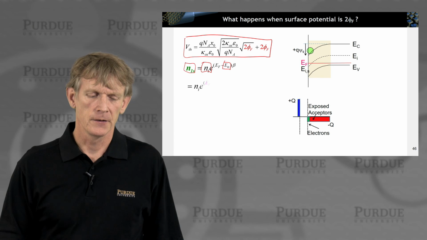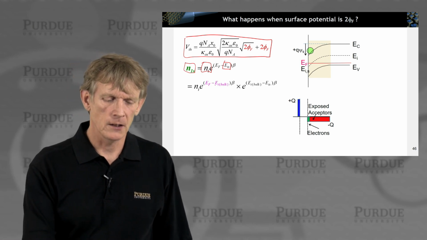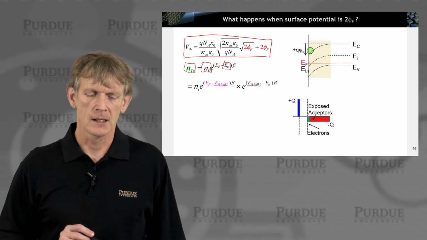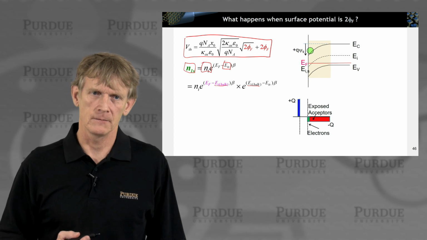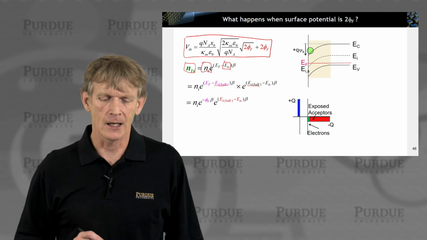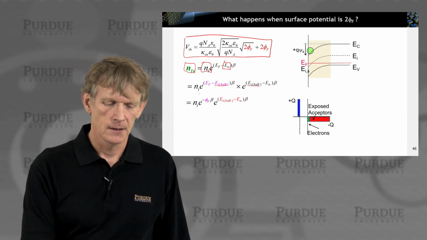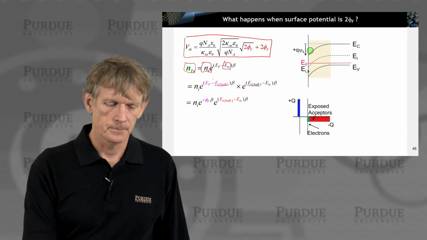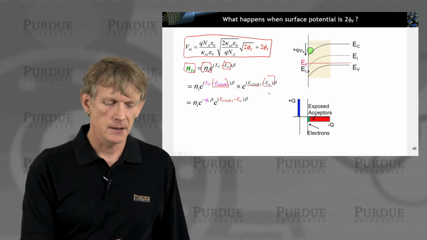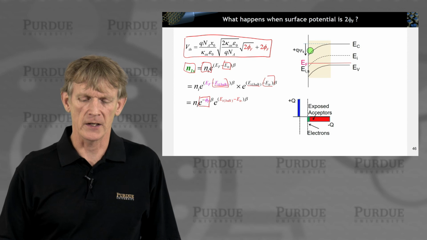Now, I can expand this out to include the bulk as a reference. I just divided by the exponential and multiplied by the same exponential. But now I can capture this where I have the EI bulk and the EIS, and I capture my difference in the Fermi levels in this phi f.